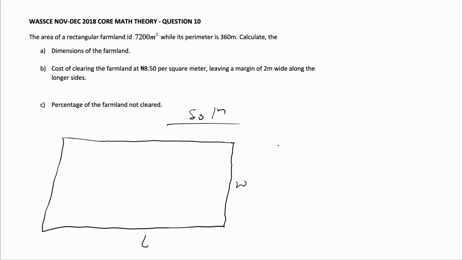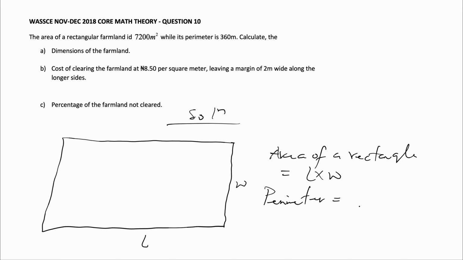Now we know that the area of a rectangle is equal to length times breadth, or length times width, and the perimeter is 2 times the length plus width. From our question, the area is 7,200 meters squared and the perimeter is 360 meters.